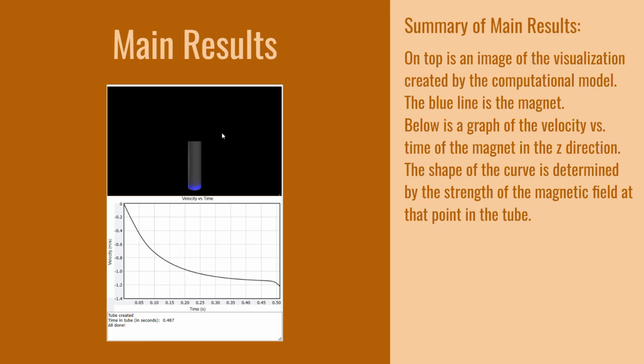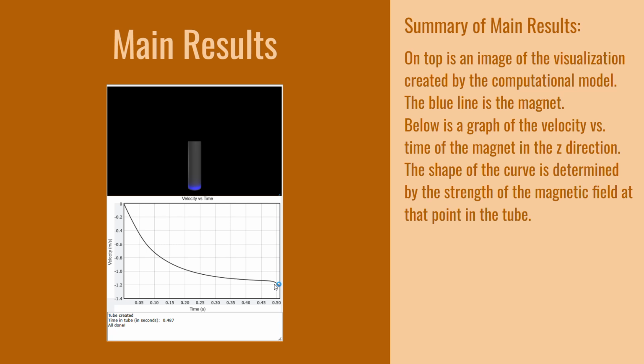So to look at the main results here, as I said before, the time was 0.487 seconds. Again, you saw this image, but this is it with the graph. This is a graph of the time. As you can see, it flattens out in the middle because that's when the magnetic force is the strongest, so basically it's slowing down the most at that point.